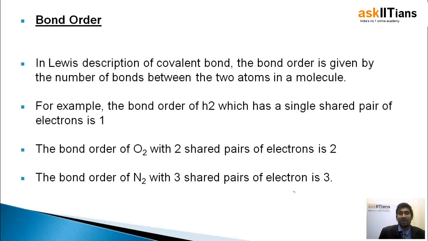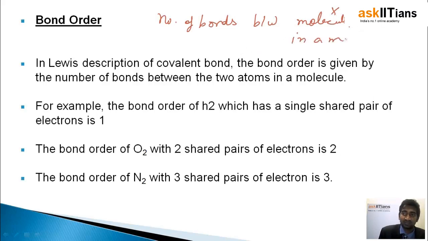Next is your bond order. Bond order is the number of bonds between atoms. I will better write it as atoms, not as molecules. Number of bonds between atoms in a molecule.